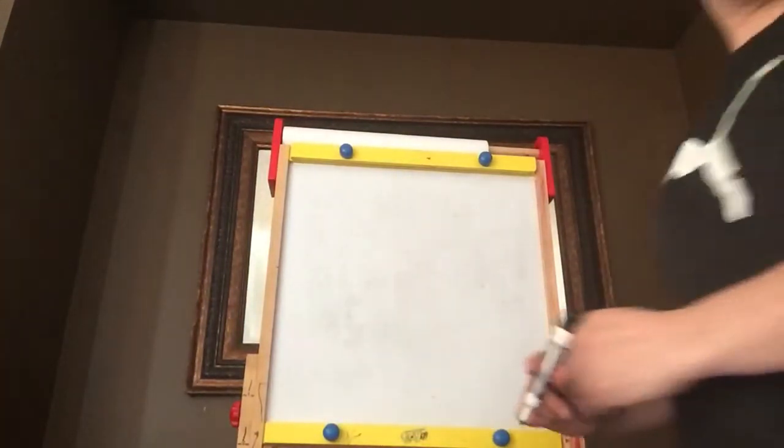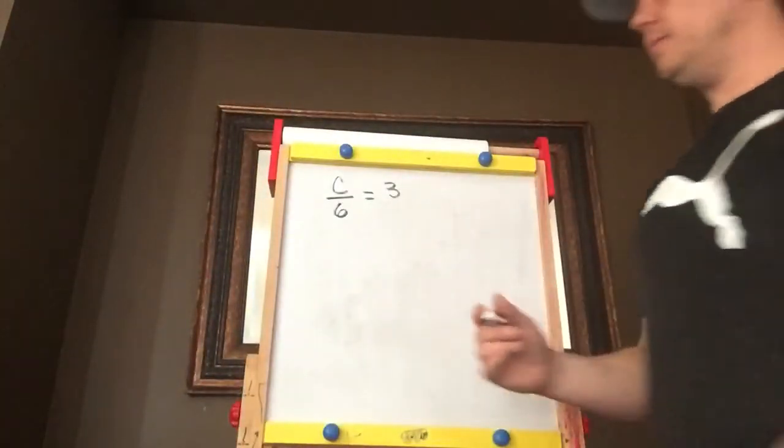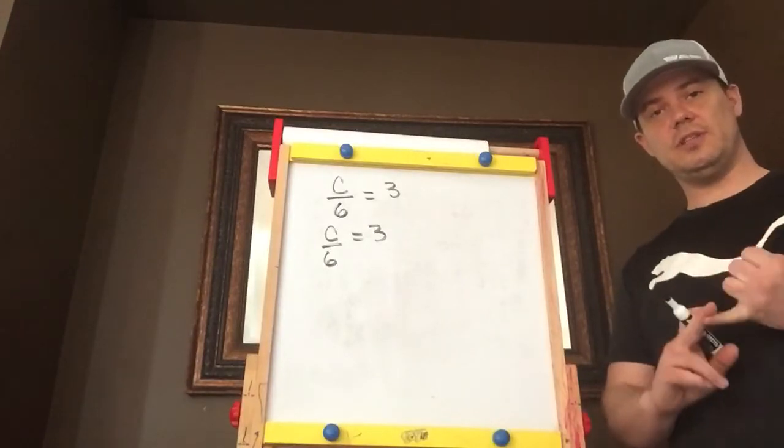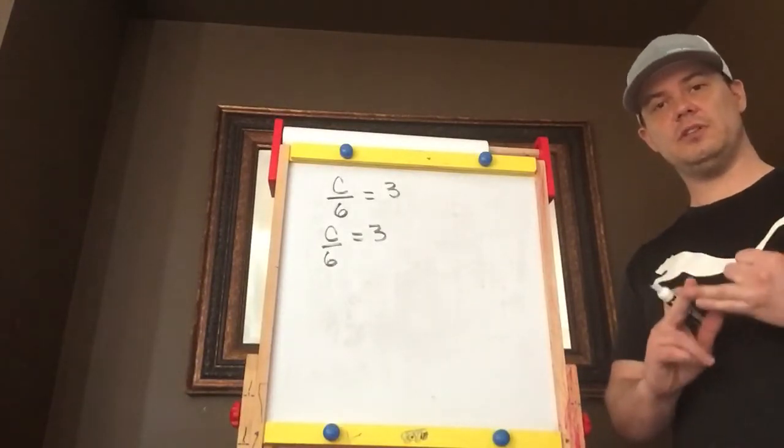C over 6 equals 3 is the next question. Okay, now we need to rewrite before solving. Now, as I was saying before, with addition, you see the addition sign. With subtraction, you see the subtraction sign.